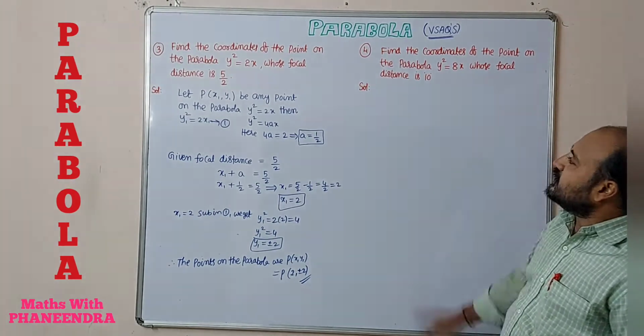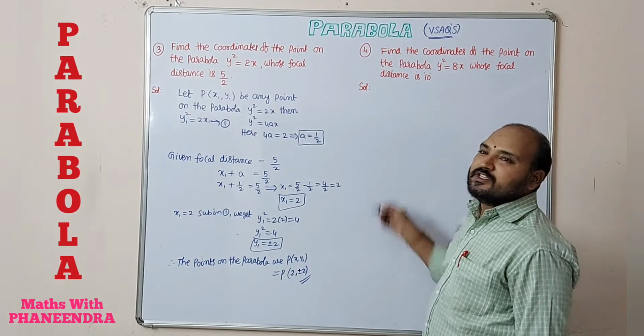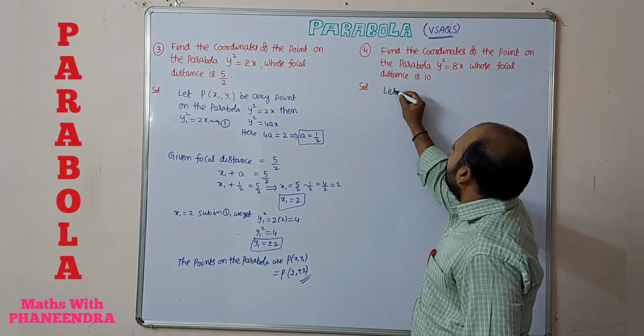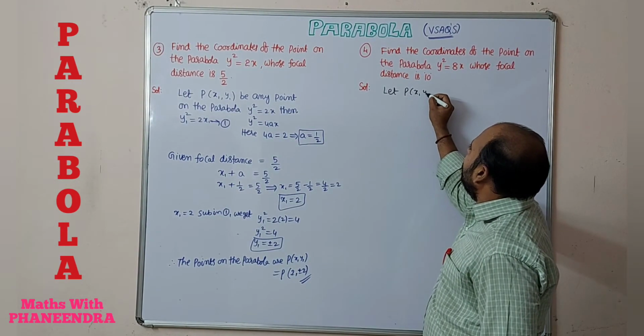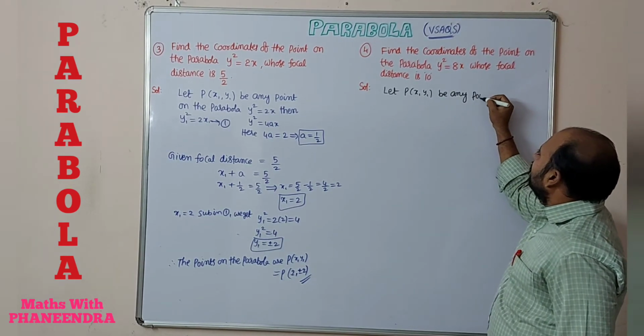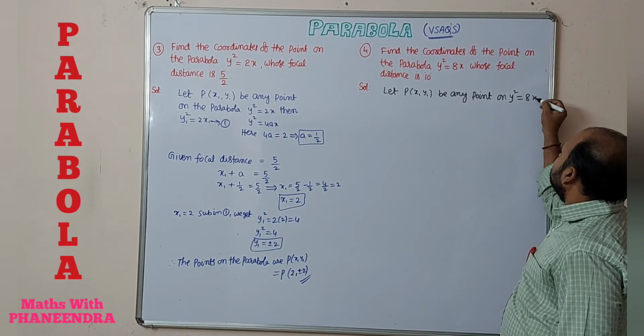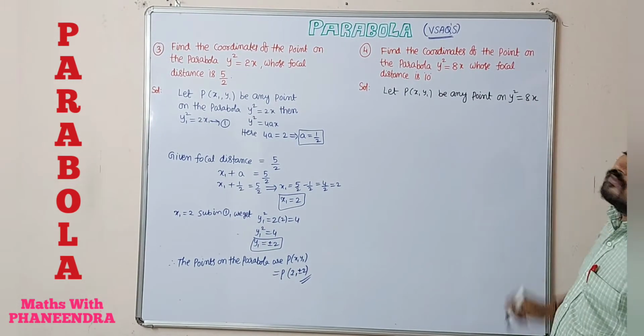Similarly, the same question. Here the focal distance is 10, parabola is y square equal to 8x. Similar steps. Let P of x1, y1 be any point on y square is equal to 8x on the parabola.